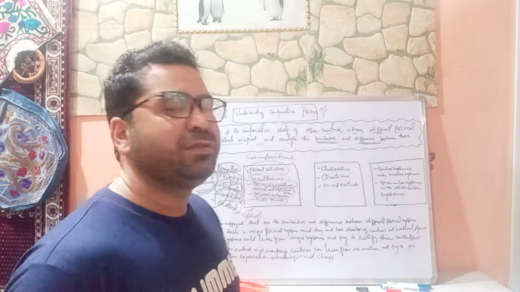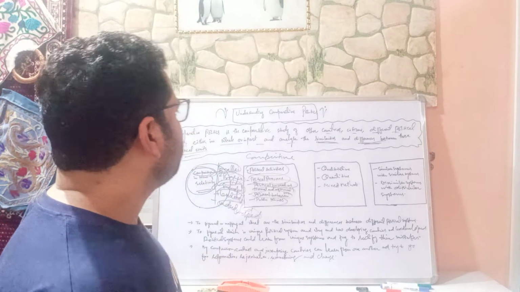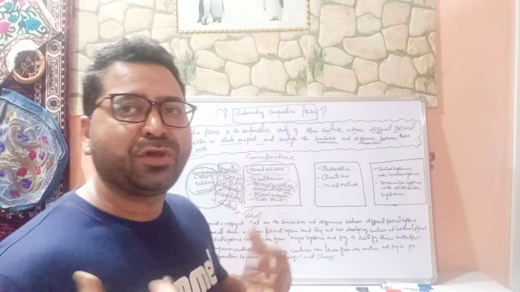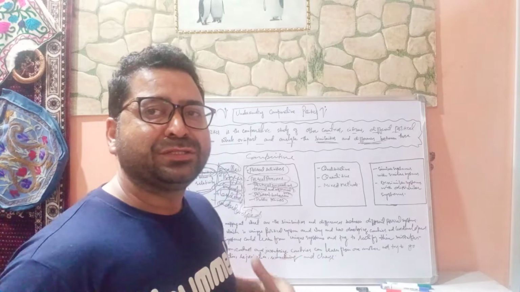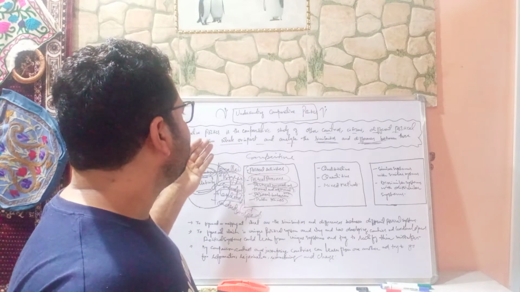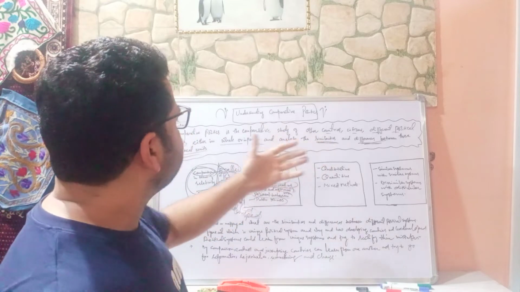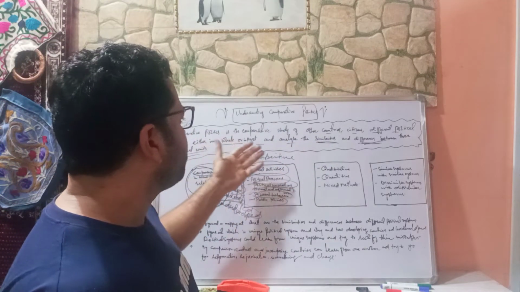From all that, we are going to discuss from a holistic point of view. Therefore, comparative politics can be defined as the comparative study of other countries, citizens, different political units, either in whole or part.